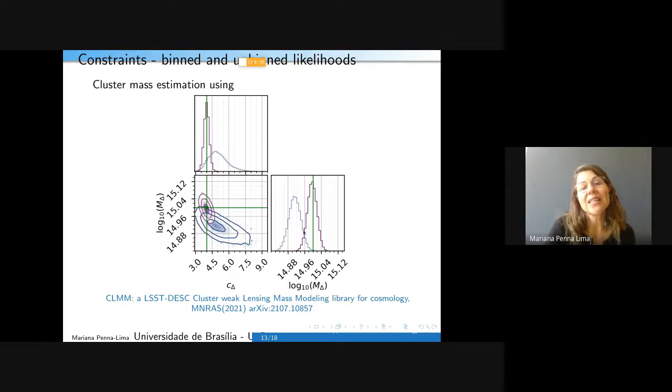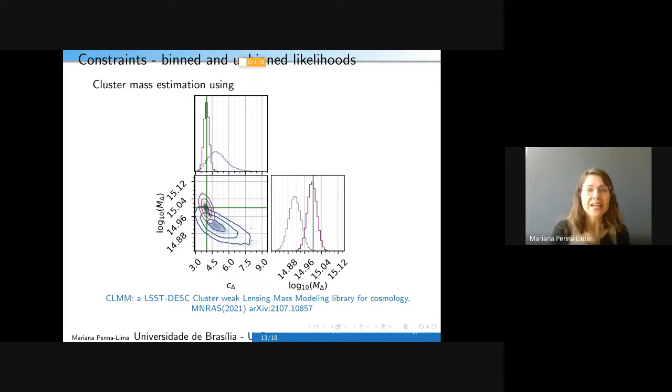And this is an example of cluster mass estimation using the weak lensing signal. Here it is just simulations, but we compare different methodologies. The blue curves are obtained using a binned likelihood, and the purple curves we obtain from an unbinned likelihood.